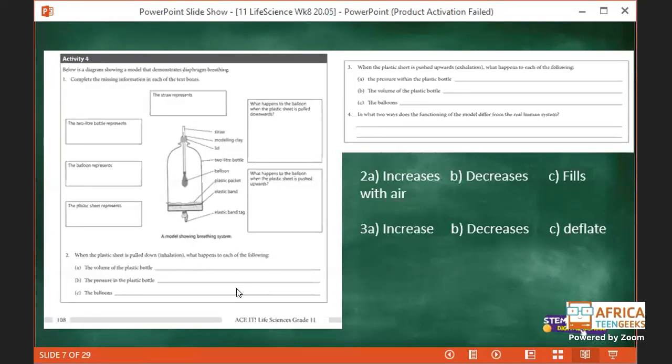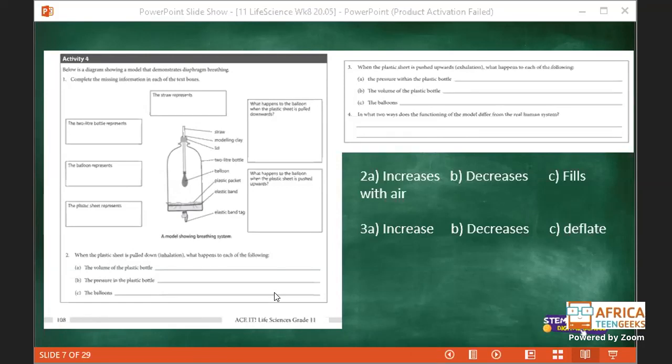Cool. Then question 4, lastly, in what two ways does the functioning of the model differ from the real human system? Okay, Prashani, yes, we are marking yesterday's homework. Then can you please zoom in question 4? Unfortunately, I can't zoom it in, but I can read it for you.